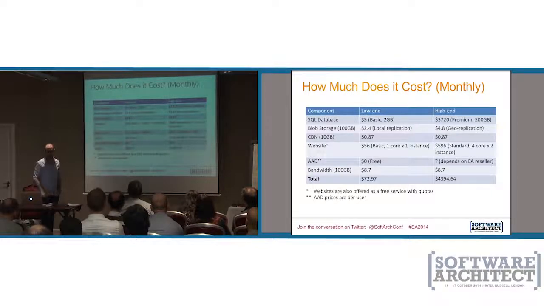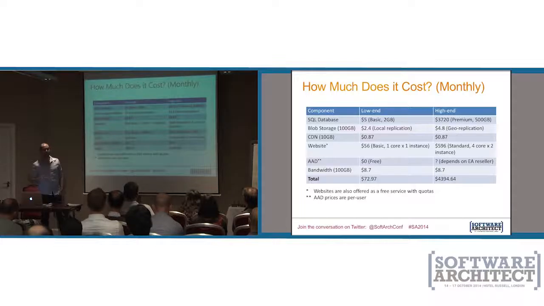For the hosting itself. The database, the minimum that you can pay is $5 for a 2 gigabyte database, which is usually fine for people who create a small web application. At the bottom, you can see that a low-end server that has 100 gigabytes of throughput a month, you'll pay about $90. Okay, you can even lower that if you take a free website.